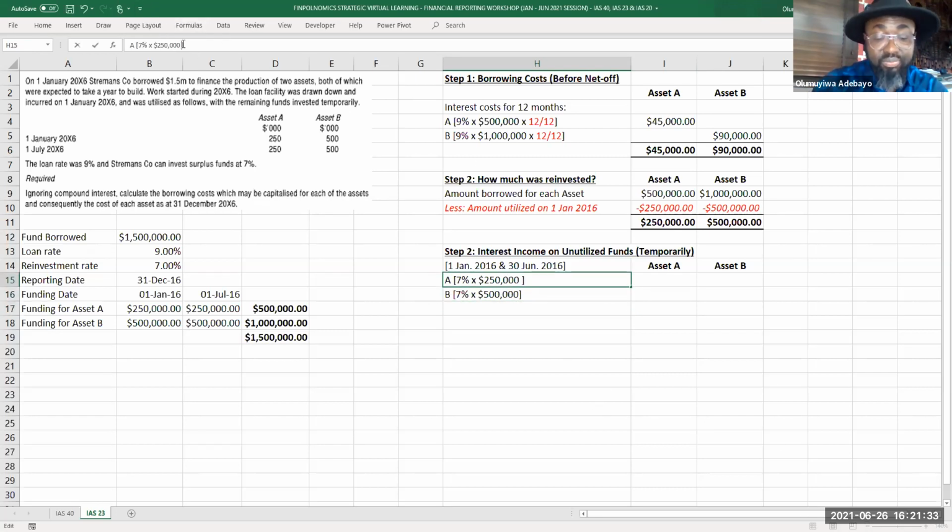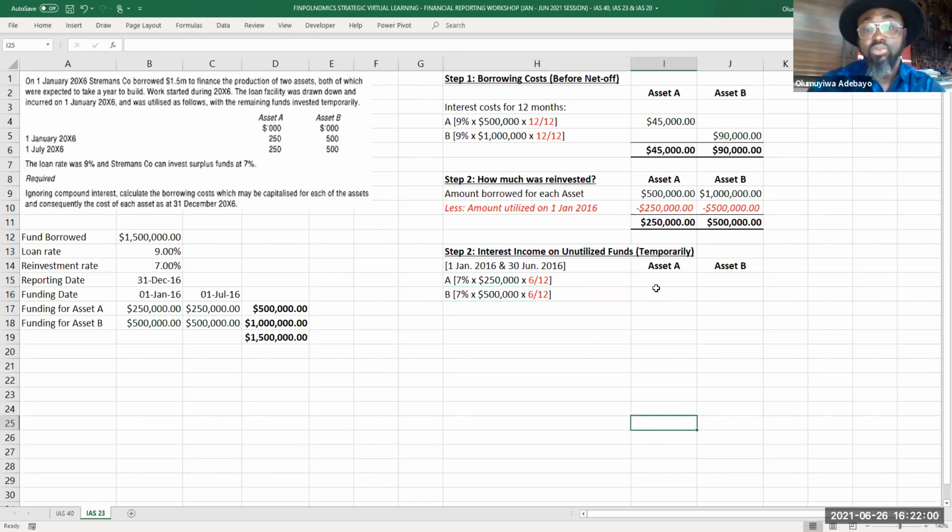And this is for 6 months, because it was only temporarily invested for 6 months before 1st of July, because as at 1st of July, the contractor is coming to collect the money. And therefore, that is product of 7% multiplied by this amount multiplied by 6 months. 6 months is 6 over 12.